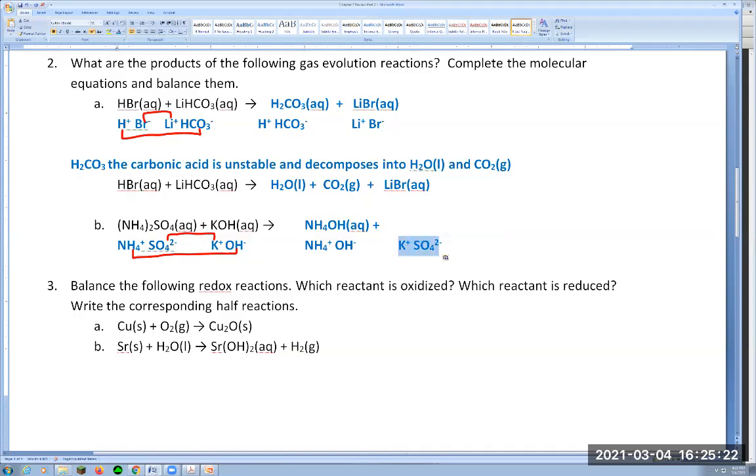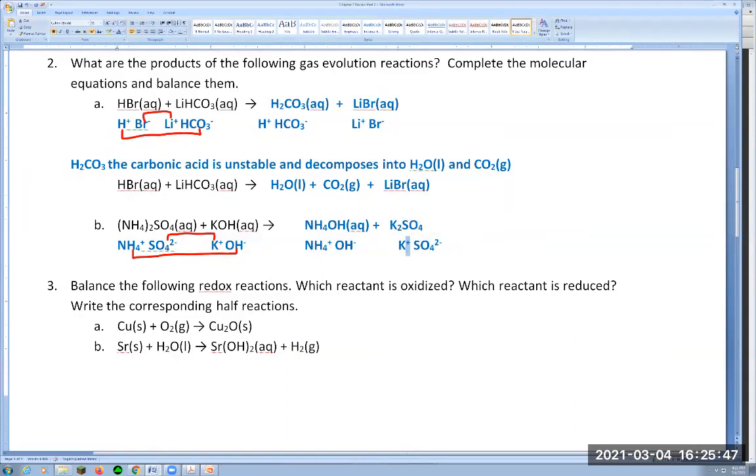So let me rewrite this here above. So we will have a 2 here as a subscript, to say that we need 2 potassium ions for 1 sulfate, because the plus from the potassium here tells you will have only 1 sulfate.